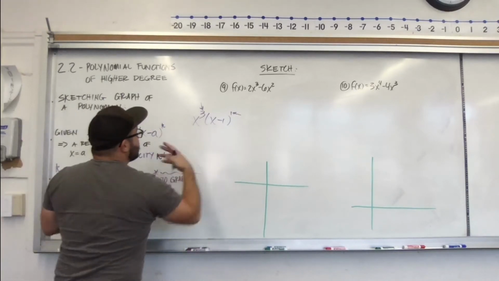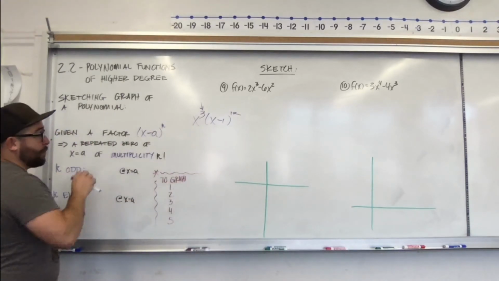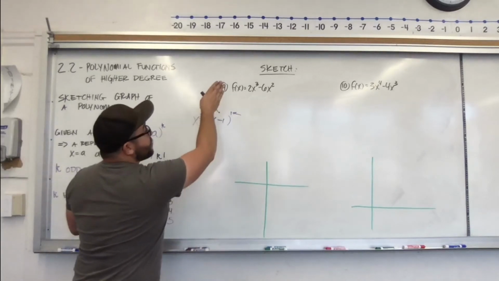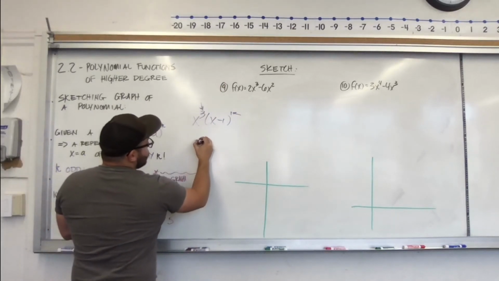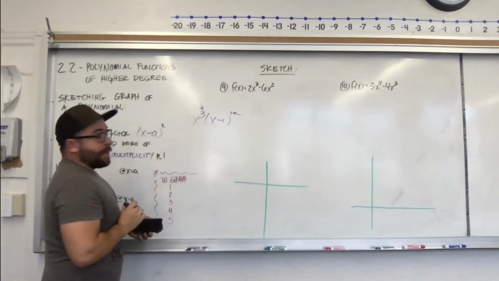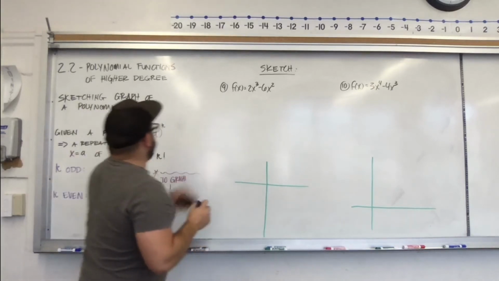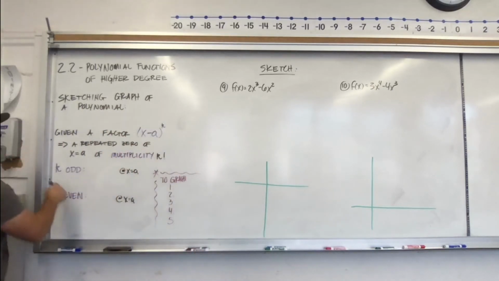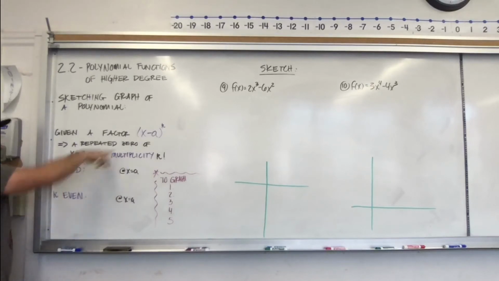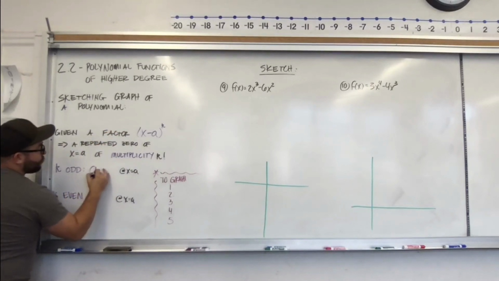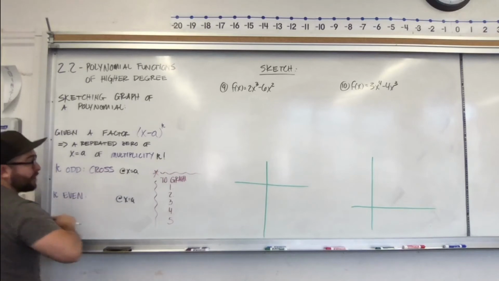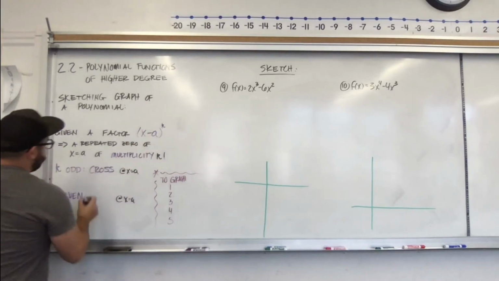And that multiplicity tells us what happens at that 0. Do we cross through the 0, or is that one of our cases where we just touch it and turn back around? That's broken into 2 different cases. If that power is odd, like we just have with those two, then we cross at that 0. So we're crossing through the x-axis.